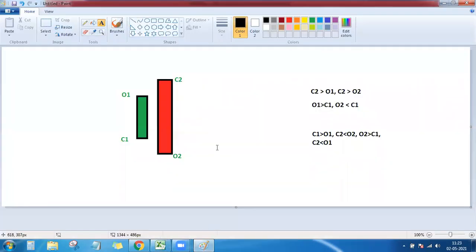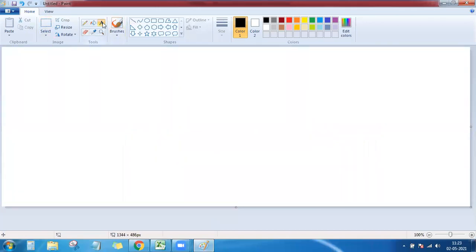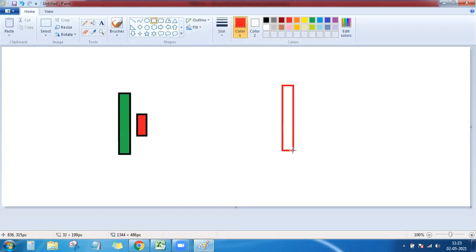Now the Harami patterns. First candle will be big and second candle would be small. Then first candle, this is a bearish Harami, and then the bullish Harami would be something like this.